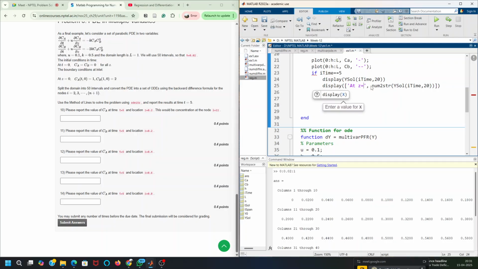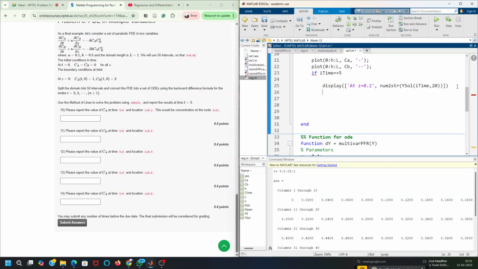At z is equal to 0.3. So these are all for t is equal to 5, so I am not using it implicitly, right? And then we also want the value of 0.4, right?